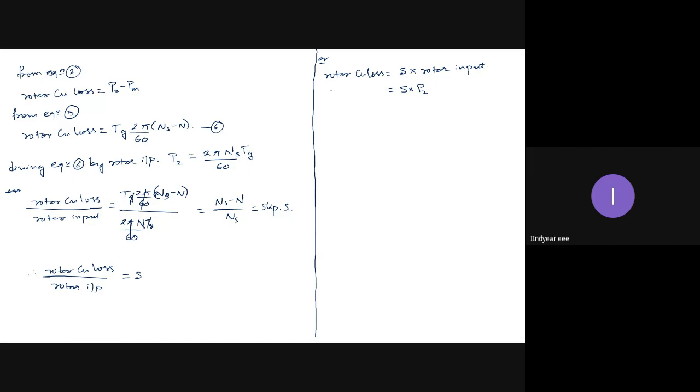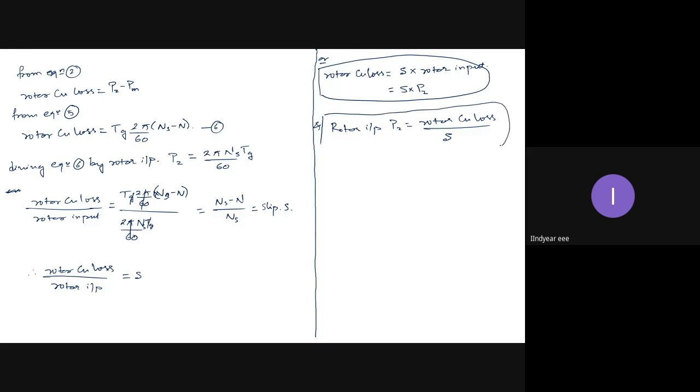And this is an important relationship. Rotor input P2 is equal to rotor copper loss by slip.